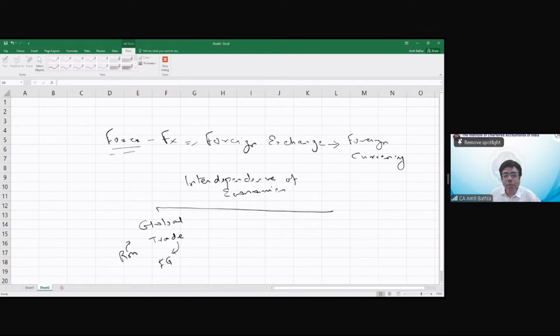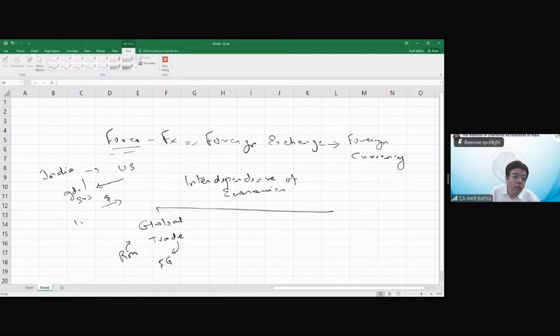So say for example, if I have to deal with the US, I want to buy some goods or services from the US. So I am in India and I am importing something from the US. The US is going to give me some goods or services. What do I need to pay them? I need to pay them in US dollars. Now my currency is INR.